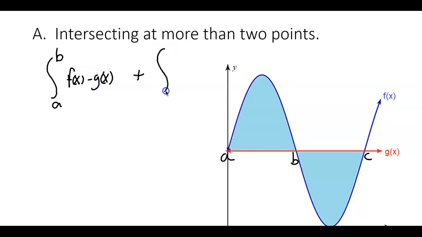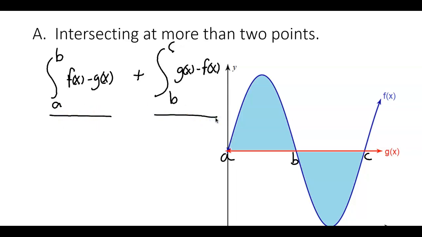For the second integral, that one goes from B to C. And that one's reversed. On that one, the red function is above the blue one. And so that one's going to be g minus f. So we have to be able to discern which one is on top. So when functions cross more than once, you're going to have multiple areas set up.